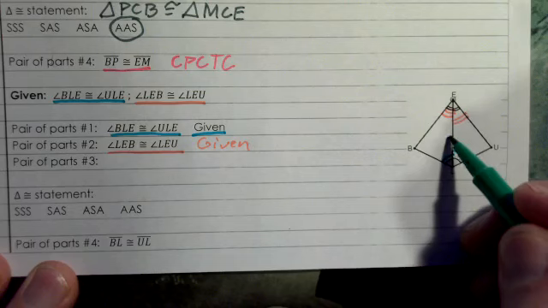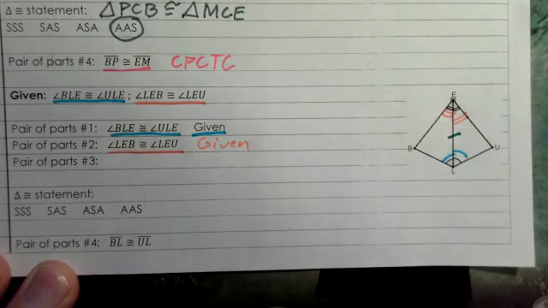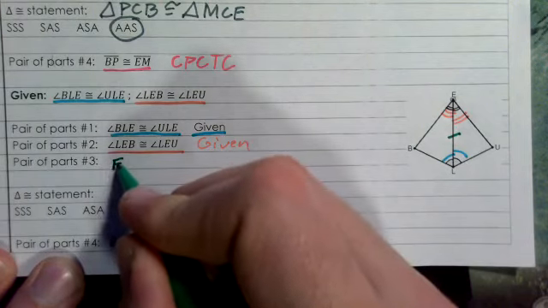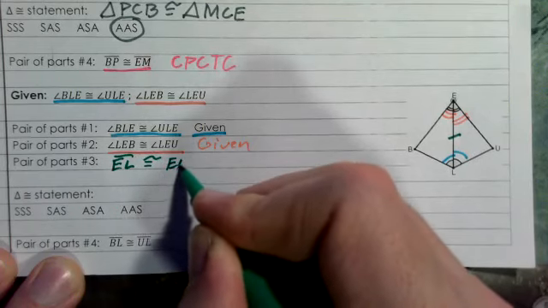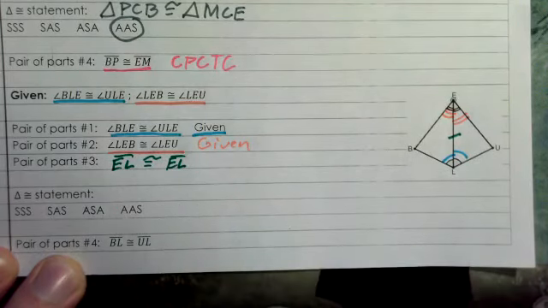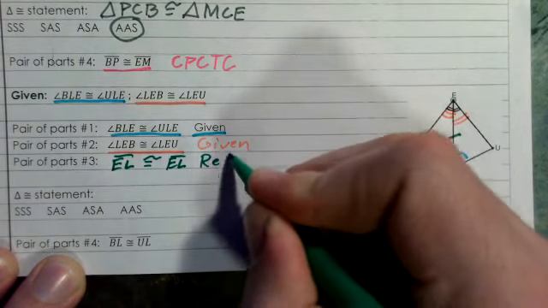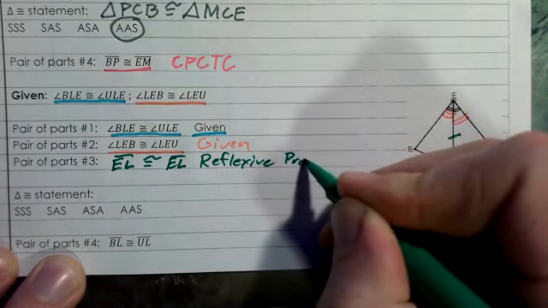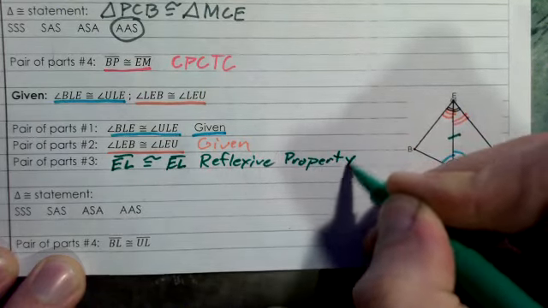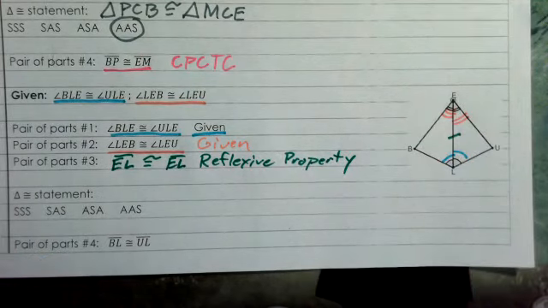Ooh, I've got my good friend, the reflexive property. We can say that EL is congruent to itself thanks to the reflexive property. All right.